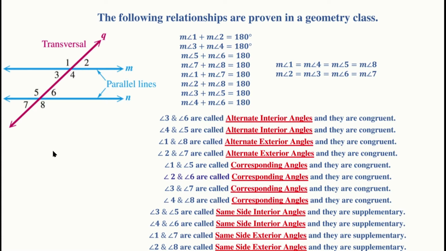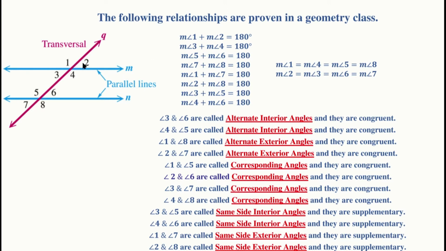So the fact is, if they look congruent, they in fact are, and if they look supplementary, they are supplementary as well. So the proof of all those statements is something really handled in a geometry class, not very difficult at all. But here are the facts you need to know.